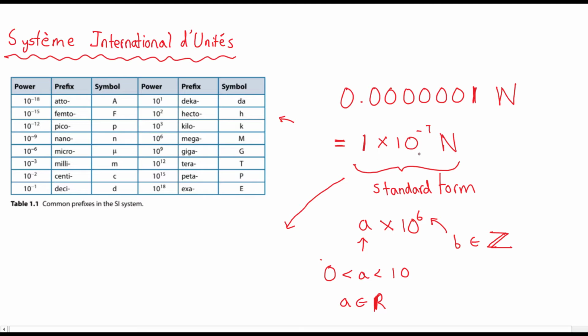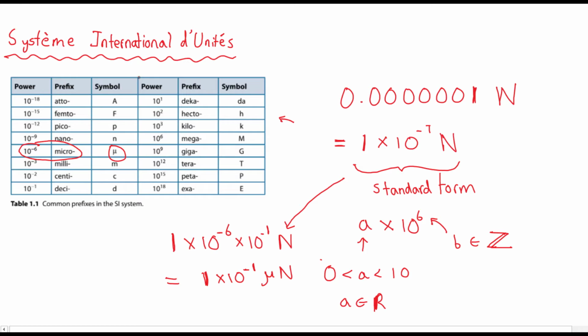Like if I have 10 raised to power minus 7, I can write that as 1 into 10 raised to power minus 6 into 10 raised to power minus 1 newtons, which can be written as 1 into 10 raised to power minus 1 micro newtons. Because you see that micro is 10 raised to power minus 6 and this is its symbol.